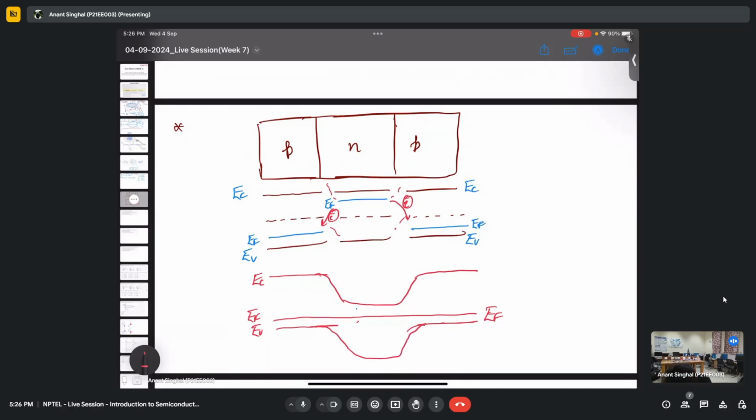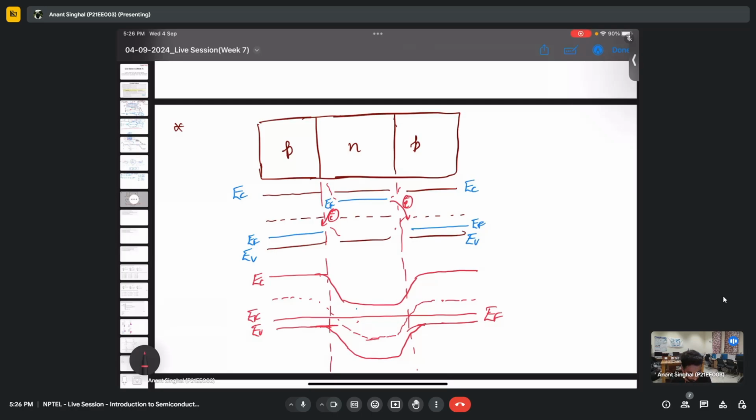Okay, sorry for the bad drawing. This would be much flatter here. So this is basically where we have some change in the electric field.